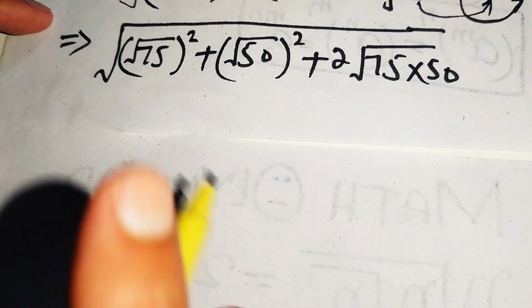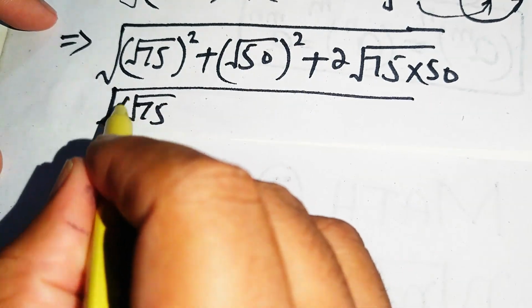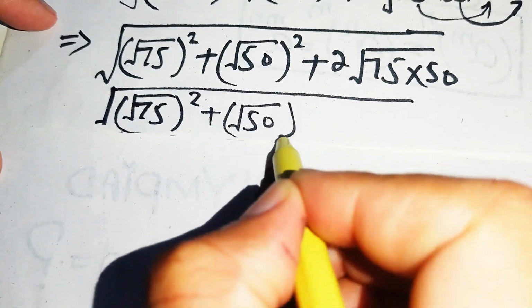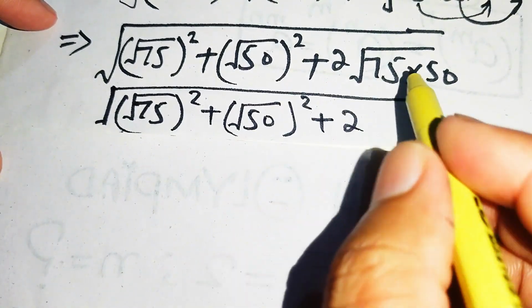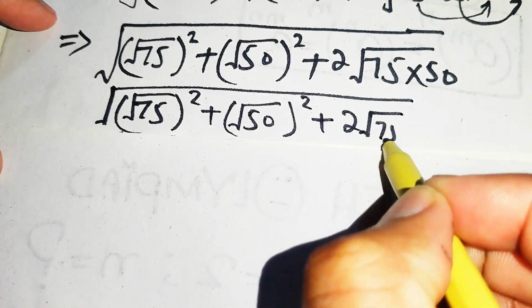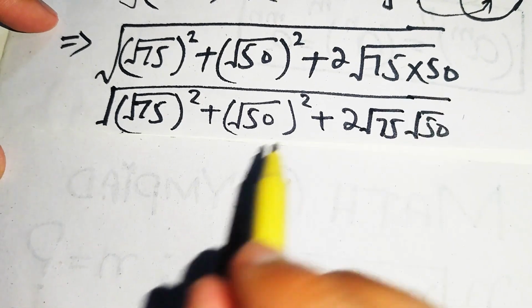In the next step we rewrite this equation as the square root of 75 squared plus the square root of 50 squared, plus we break the square root of both of these terms, and it will be written as 2 into the square root of 75 into the square root of 50.